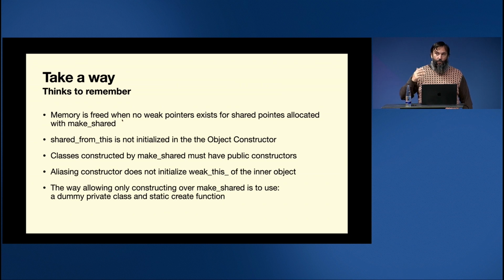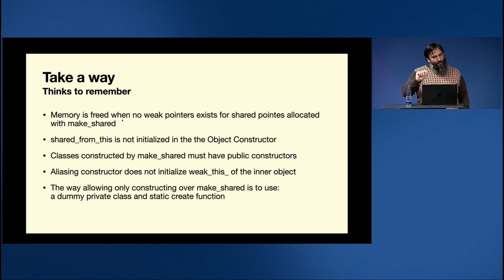And we reach the end of this lightning talk. So, things to remember. With make_shared, the memory is freed only when there are no weak pointers available. shared_from_this is not initialized in your object constructor. Classes, if you want to use make_shared on them, must have public constructors.